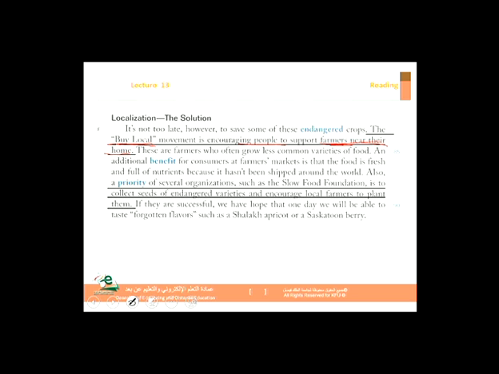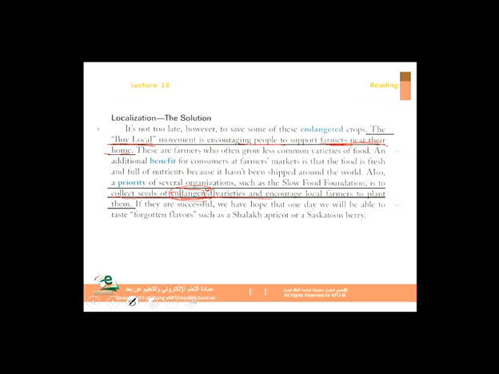Another suggestion that is given here is to collect seeds of endangered varieties of food. Danger, we know what it is. Danger, endangered, and then ed, so we know it's an adjective. So endangered varieties, varieties that are in danger of extinction, of course.